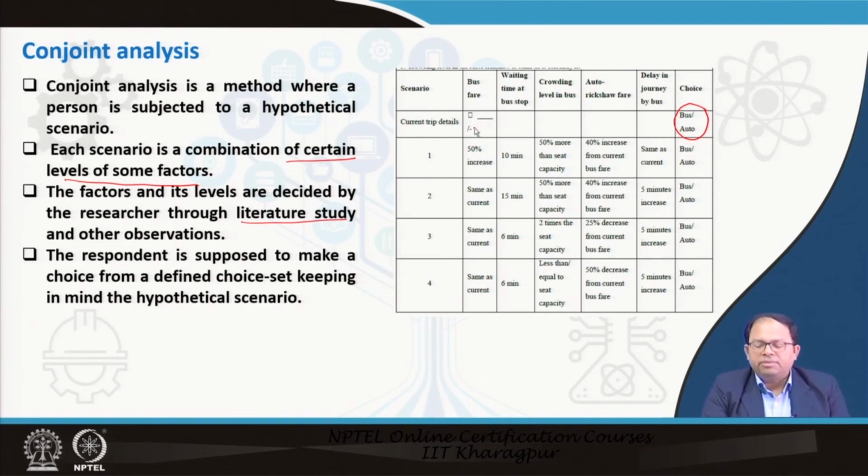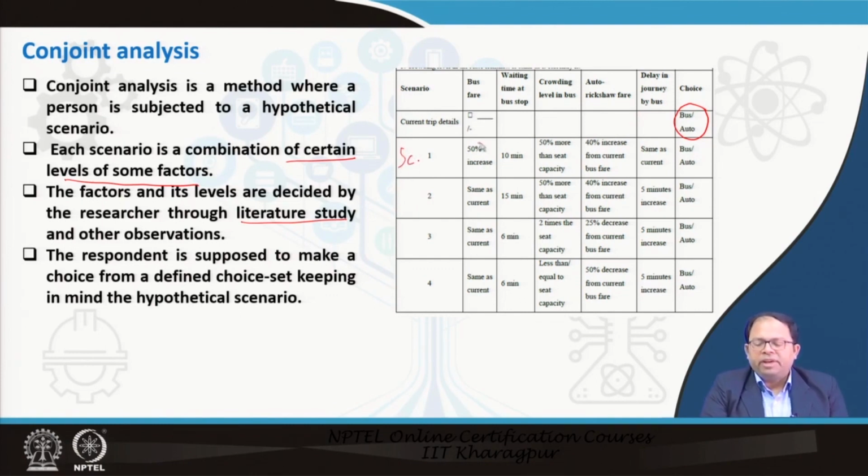And here in the first row, we would first take the current trip details, like how much the current bus fare is, how much the current waiting time is for this particular person or this particular bus route. Then how much the crowding level is, what he experiences. How much is the auto rickshaw fare on that particular route? How much is the delay in journey by bus based on his experience. And then I give him options, like this is scenario 1.